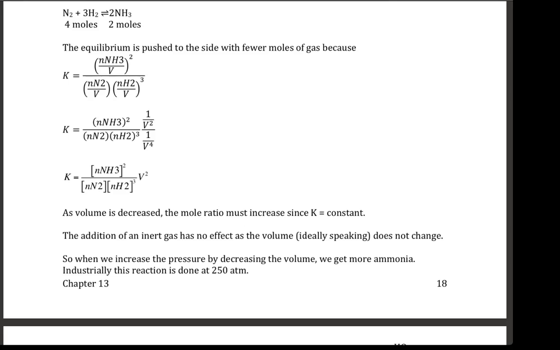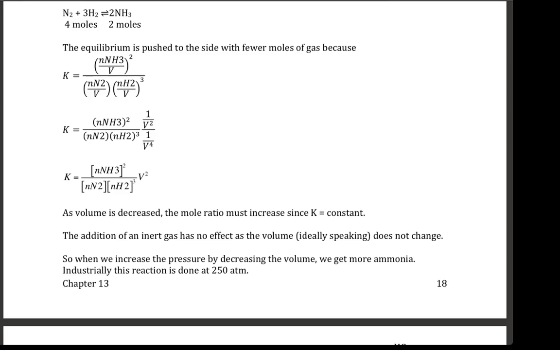The volume is the same regardless of what gas we're talking about, so we pull the volume term out and we end up with K equals N of ammonia squared divided by N of nitrogen divided by N of hydrogen cubed times V squared. We've decreased the volume, and yet the value of K has to be a constant.